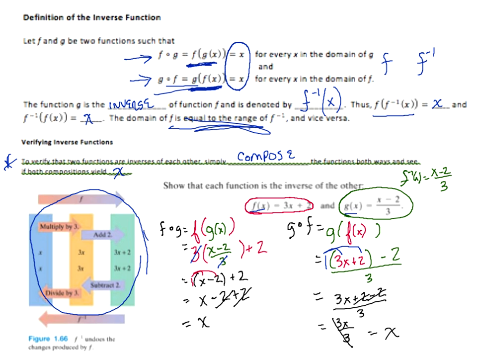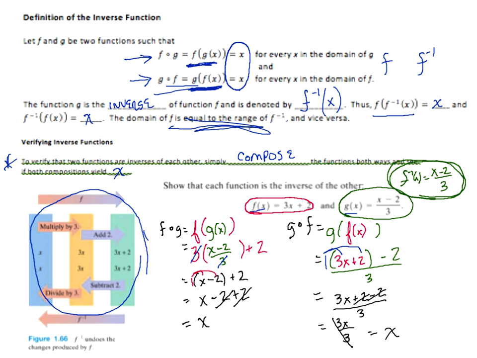So that's how you have to verify inverse functions. You have to compose them both ways and get x both times. If it only works with one of them, these functions are not inverses of each other. And only when you have verified that you get x both ways can you then rename one of the functions as the inverse of the other.